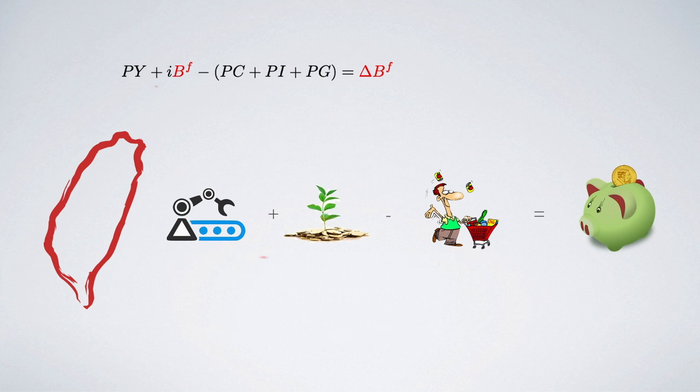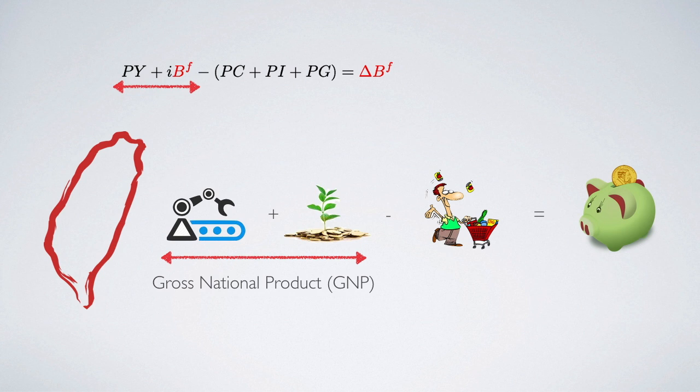Now we look closer: the first two terms are the income that belongs to the nation, regardless of whether it is domestically produced. This is the definition of gross national product, GNP. So it is the income that solely belongs to the nation, regardless of the location of its source.